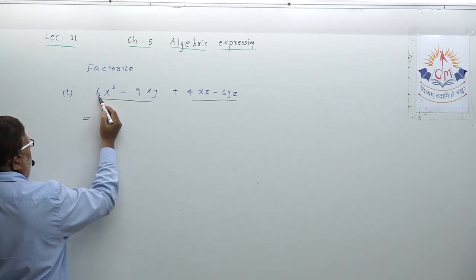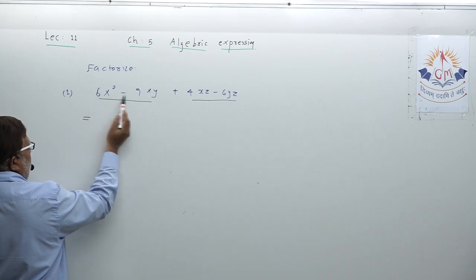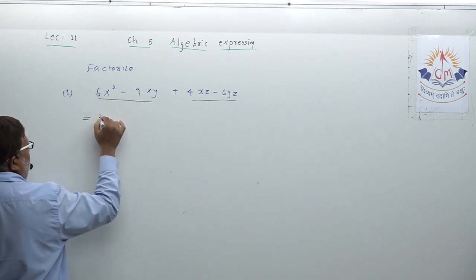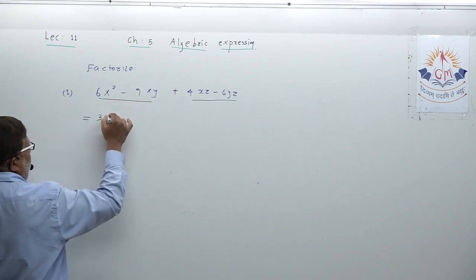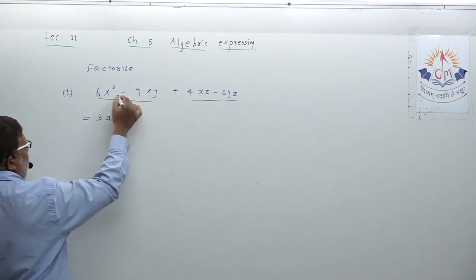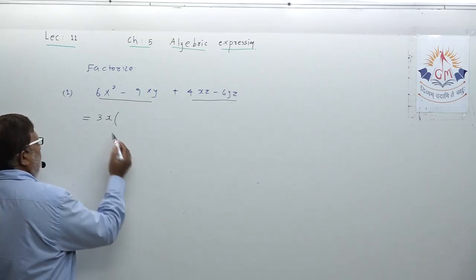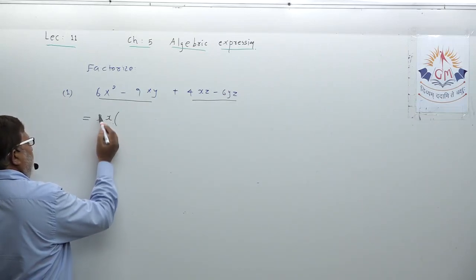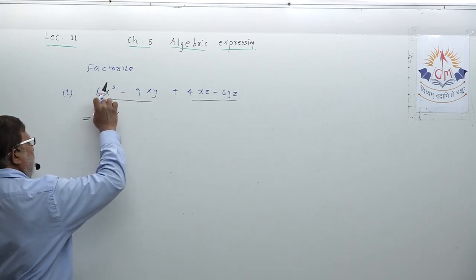What is common between 6 and 9? 3 twos are 6, 3 threes are 9, 3 is common. X square and x, the minimum power is common. Y does not exist in this term. Now concentrate, dear student. From 6 and 9, 3 is common.